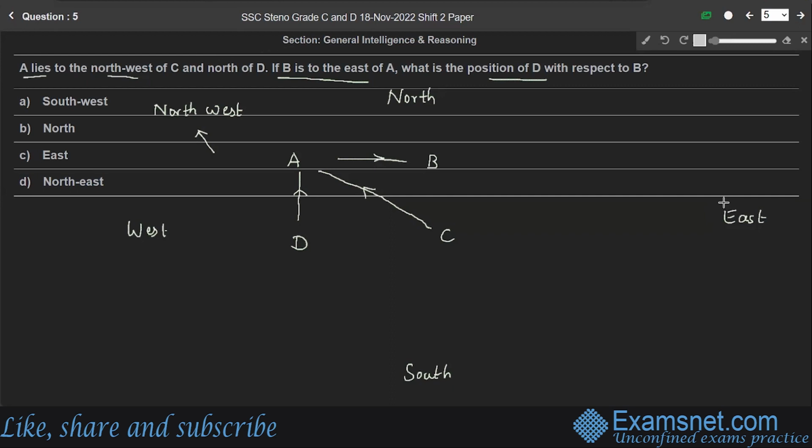So the position of D with respect to B is southwest. So D is to the southwest of B. Therefore, option A is the right answer.